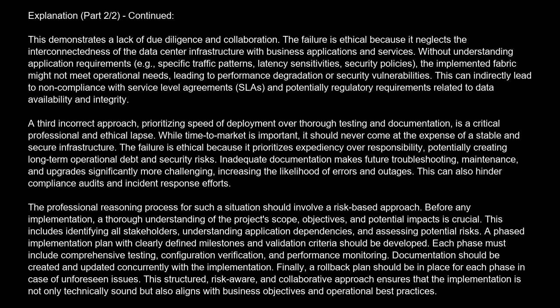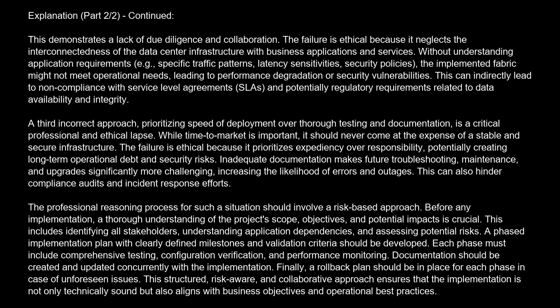The professional reasoning process for such a situation should involve a risk-based approach. Before any implementation, a thorough understanding of the project's scope, objectives, and potential impacts is crucial. This includes identifying all stakeholders, understanding application dependencies, and assessing potential risks. A phased implementation plan with clearly defined milestones and validation criteria should be developed.